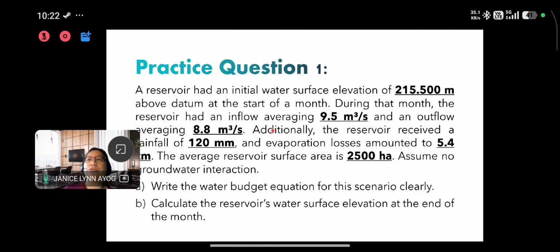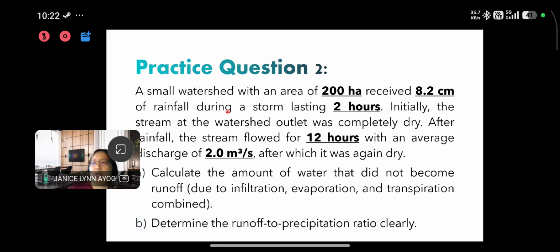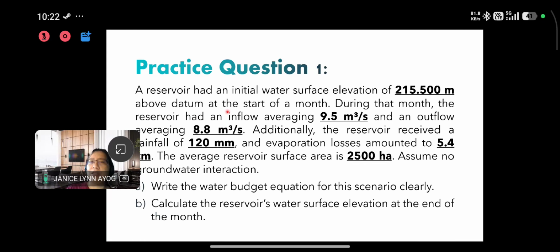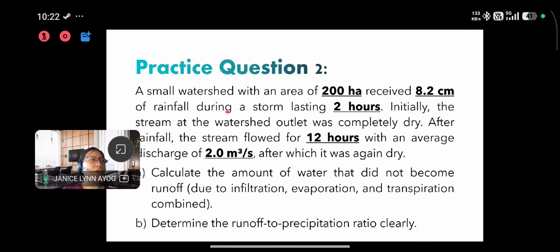Okay, so for your attendance, I want you to submit work for practice question 1, just refer to the lecture notes, and also practice question 2. This is your attendance. Practice question 1, practice question 2, write the solution, and then submit in ITEL.